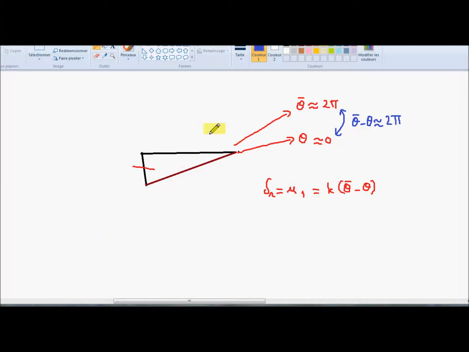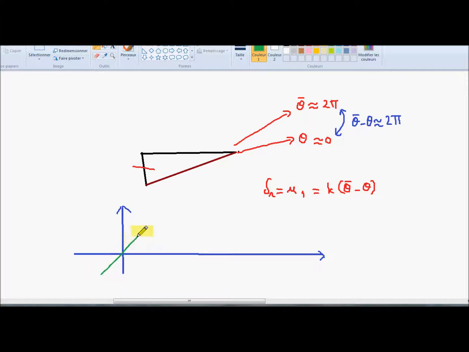To avoid this, I will consider a specific function that I will try to draw now, which is a sawtooth function. So I will represent it like this. The function will have this shape.